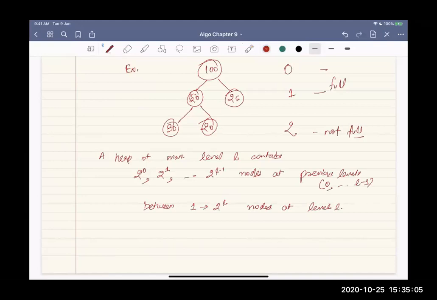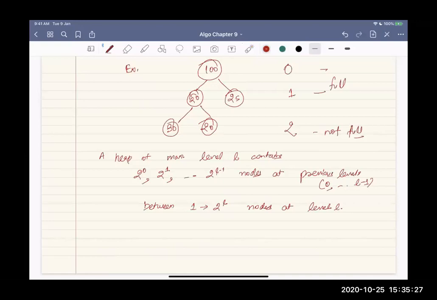Now, once I understand this property that nodes are filled from top to bottom, left to right, can I use a simple representation for heaps?